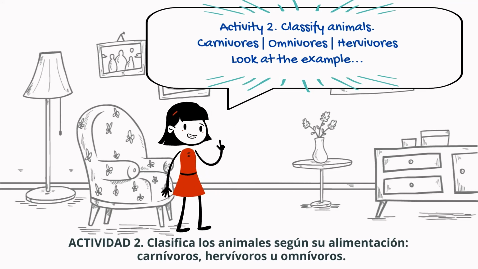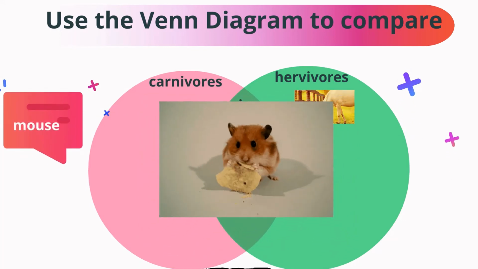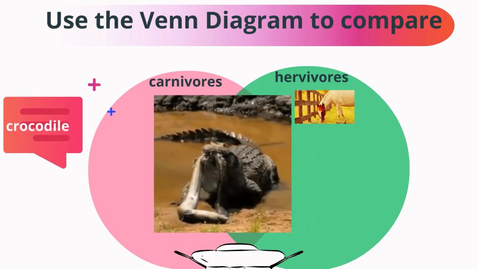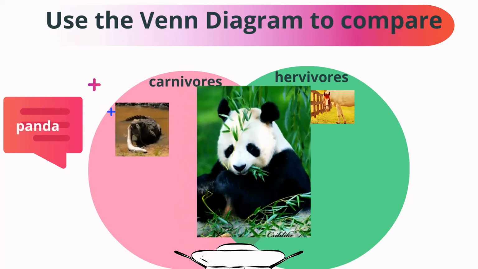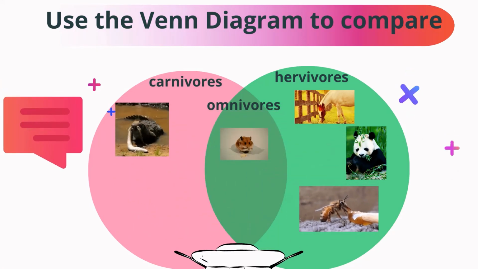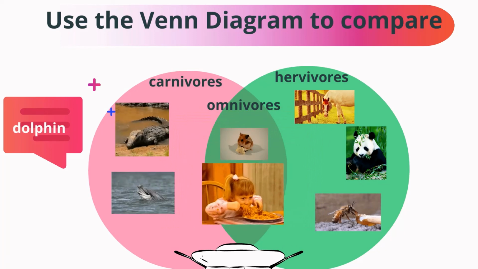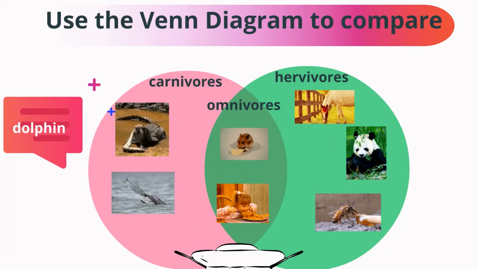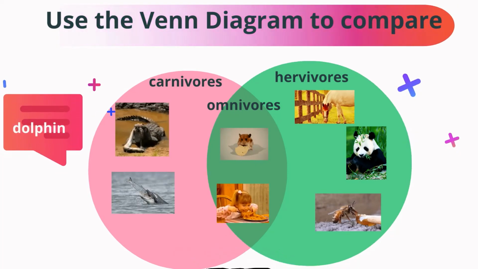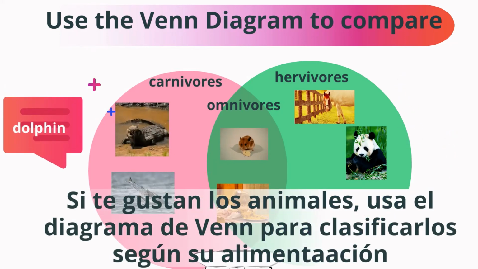Look at the example. If you like animals, you can use this Venn diagram to compare what they eat. Continue playing with your family or friends.